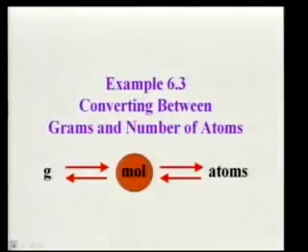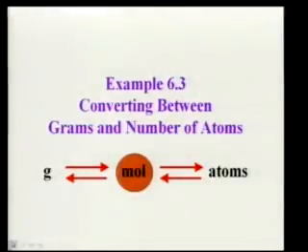Now, the point of this is because if I give you a gram, for example, if I say you have 32 grams of sulfur, how many atoms of sulfur are present? Realize that before you can ever calculate the number of atoms present, you first have to calculate the number of moles that are present. Okay? Because that's the only thing that molar mass allows you to calculate is the number of moles. So my point here is you'll see that moles is actually in the center.